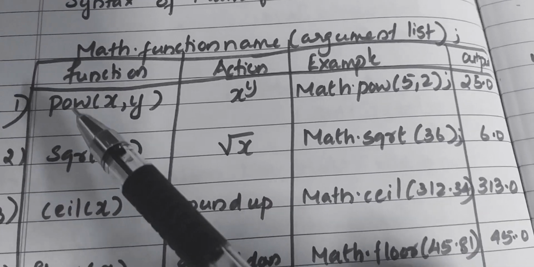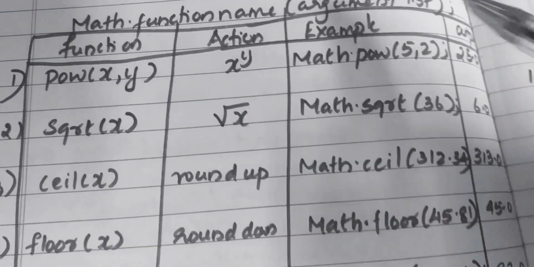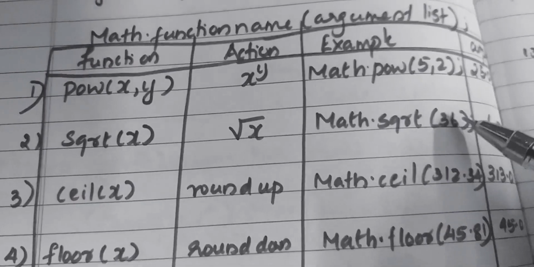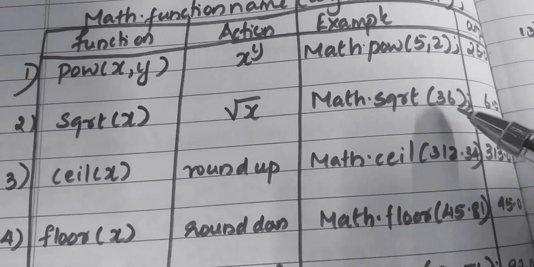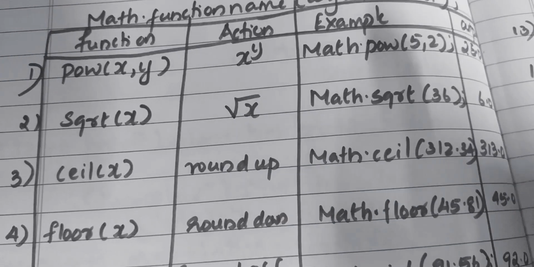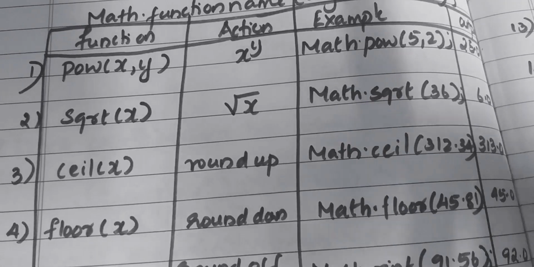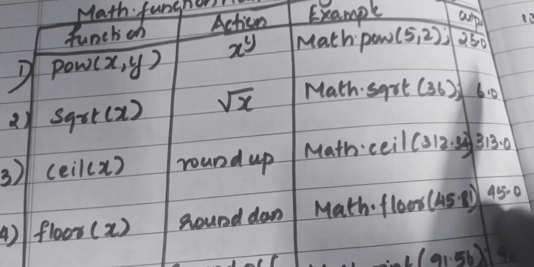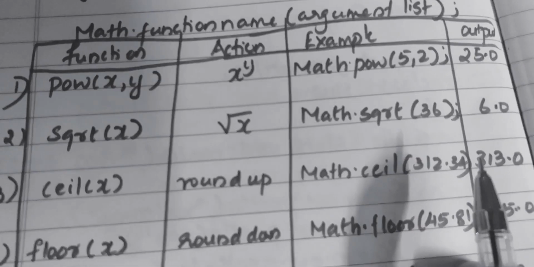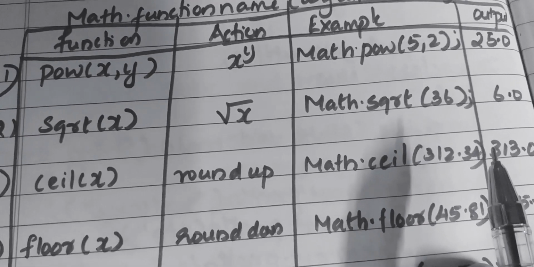Here you can see that all the function names are in small letters. Math.sqrt of 36. What is the square root of 36? It is 6. But how do we write it as output in a Java statement? The result is 6.0. Clear?